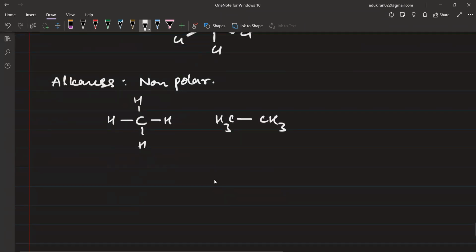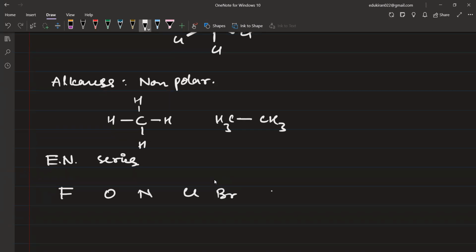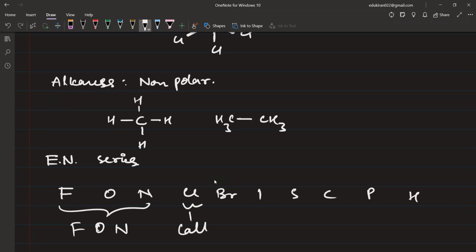If you want to remember the electronegativity series, that will help you. So remember it like this: phone, F-O-N; call, Cl; bro, Br; this you can remember as ishq, this as pyaar. And what is ishq? Ishq is pyaar. Is there any difference? Okay.